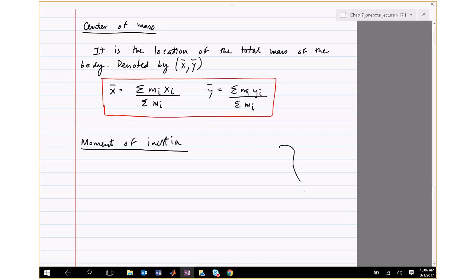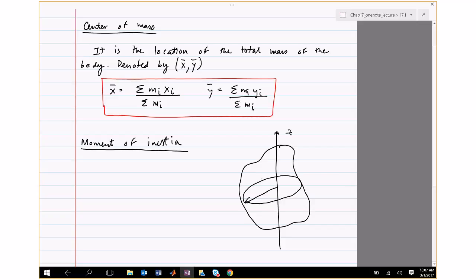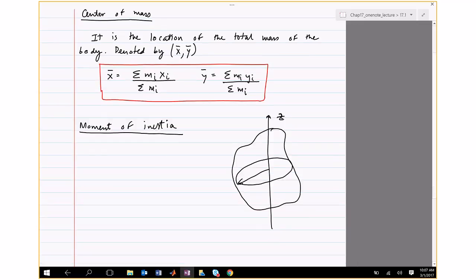If there's a rigid body rotating about, let's say, the z-axis, this is r, and this is a small element dm, the mass of a small particle on the body.